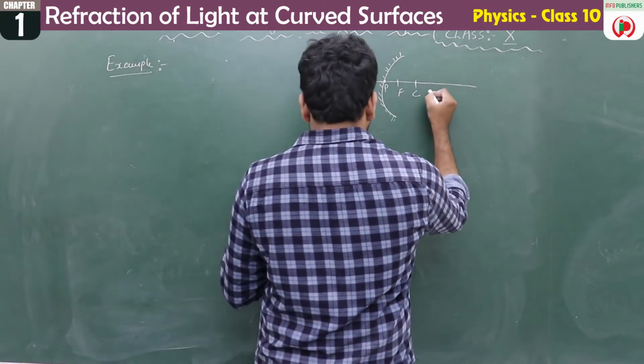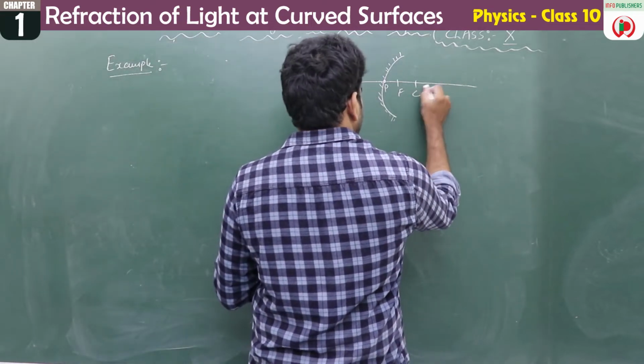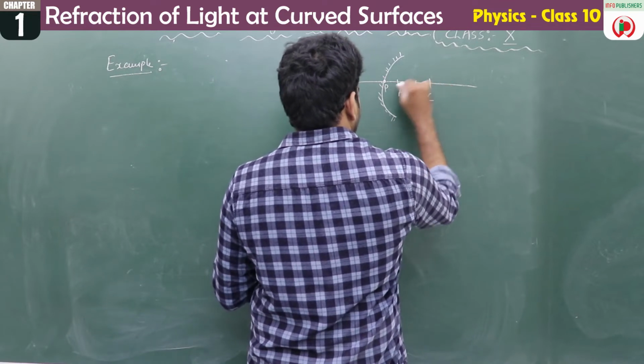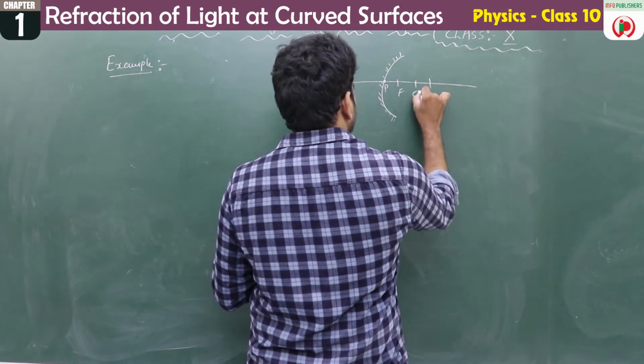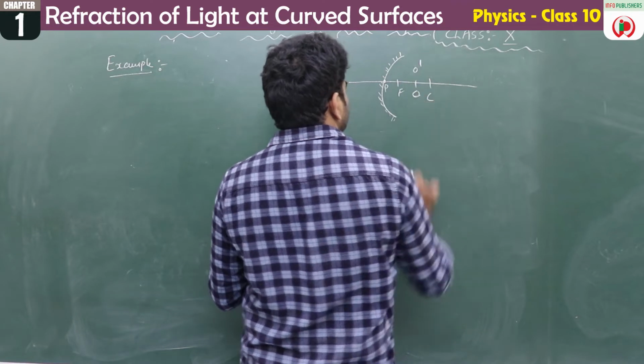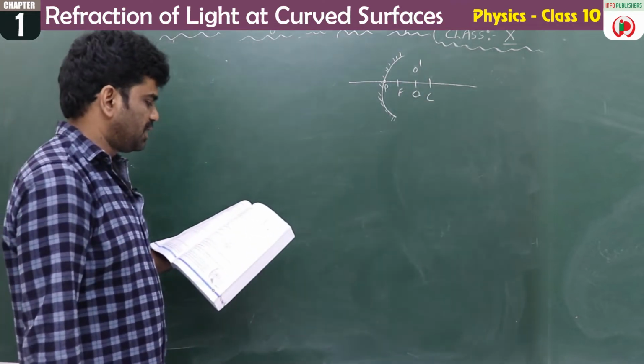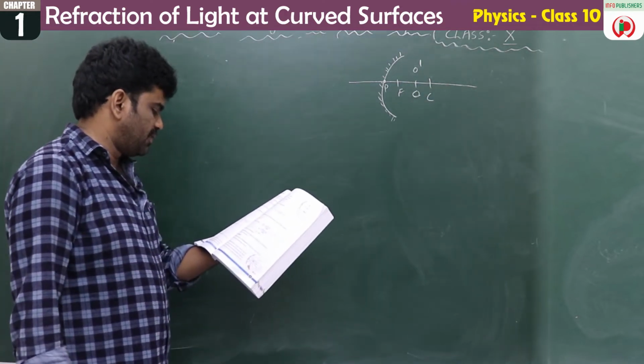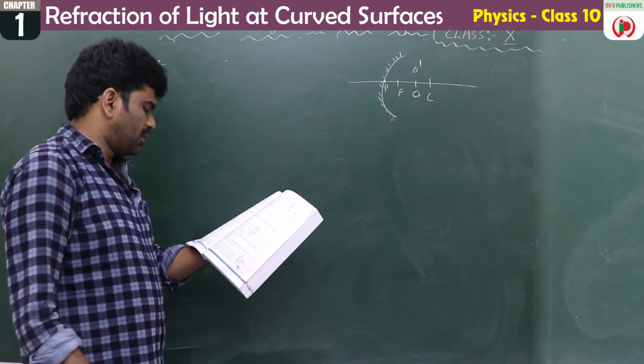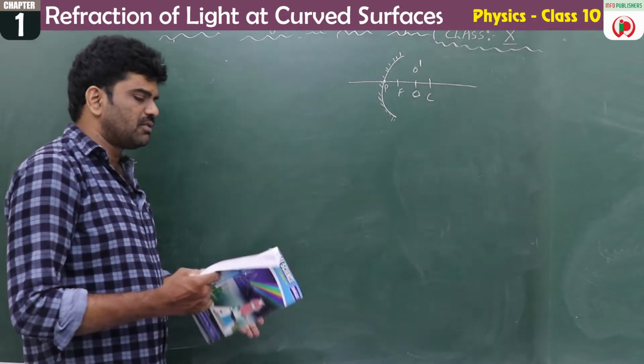So this is object, this is C children, this is object. The object is placed, just imagine here. Object is placed 25 centimeters in front of a concave mirror. So at what distance? So we know the numericals according to sign convention.